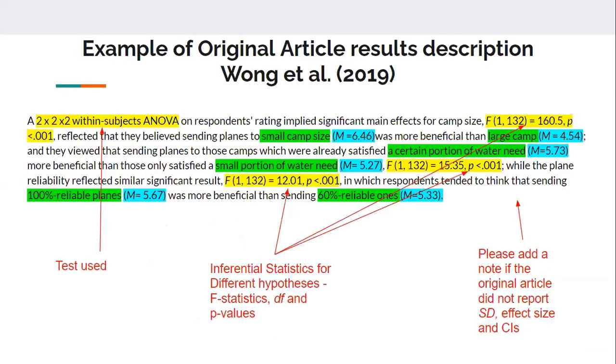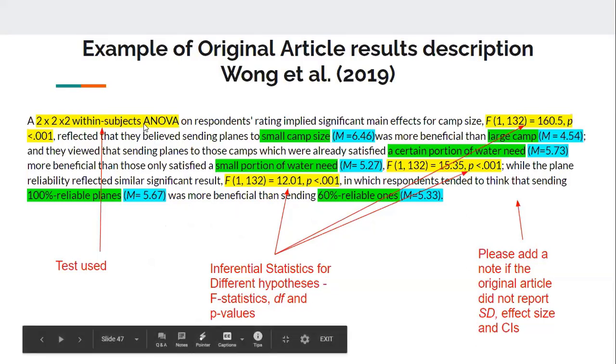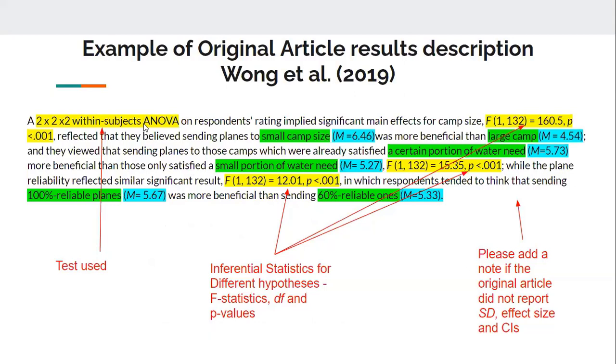This is an example from last year. Good example. The students reported the test used, which is 2 times 2 times 2 within-subject ANOVA, and the key main effects and key comparisons, such as reading conditions, more beneficial, small camp, large camp, with F statistics and p-values here.